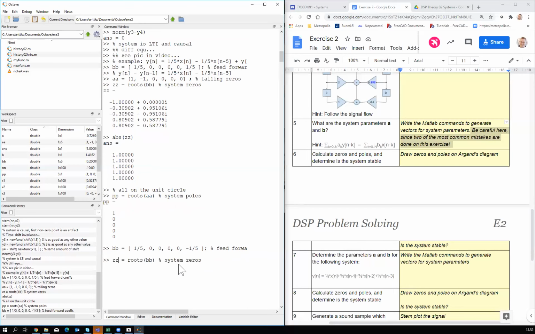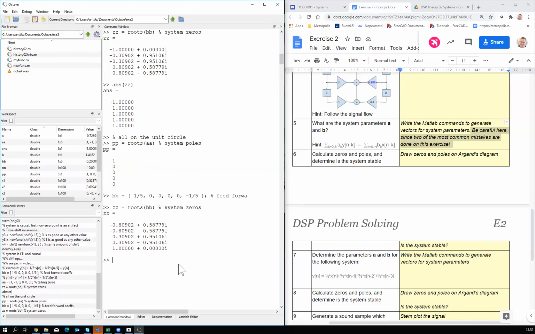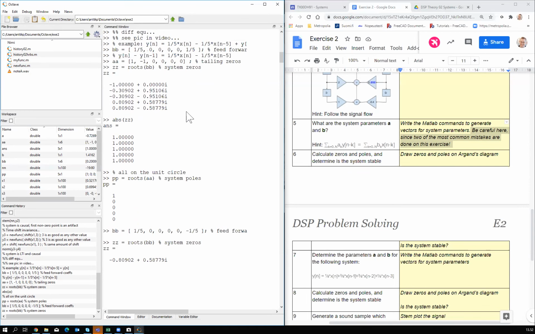Now we can calculate the system zeros, and we can see that the 1 zero here is actually compensated by that pole, or the other way around. The pole which is not inside of the unit circle is compensated by the zero which is on top of it. Yeah, good.